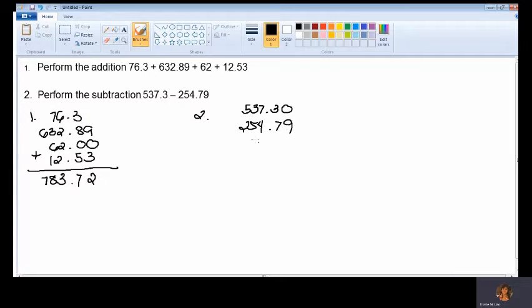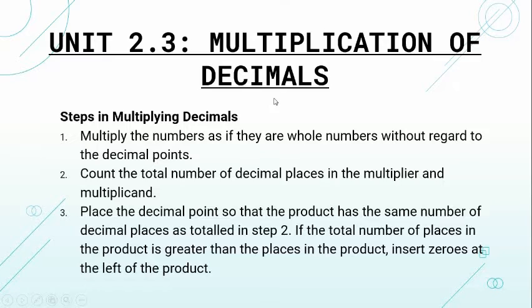Don't forget the operation sign. So the answer would be 282.51.